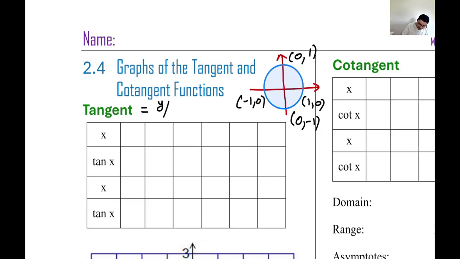Tangent is y coordinate over x coordinate, the unit circle definition. That means when you evaluate tan at 0, y over x, 0 over 1 will be 0, at pi over 2, pi, 3 pi over 2, and back to 2 pi, which is same as 0.